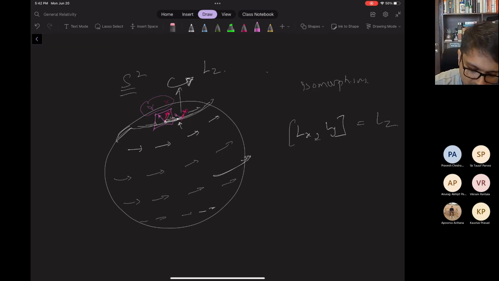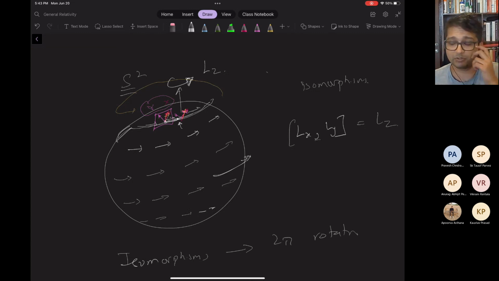So if I make a 2 pi rotation about the Z axis, then this red vector would come back to itself. Any vector under a 2 pi rotation would come back to itself under these isometries. So if I make a 2 pi rotation by an isometry, I would get back the same original vector.